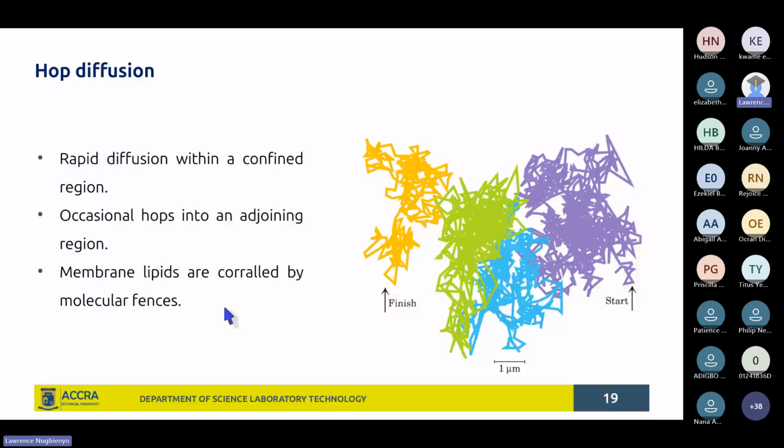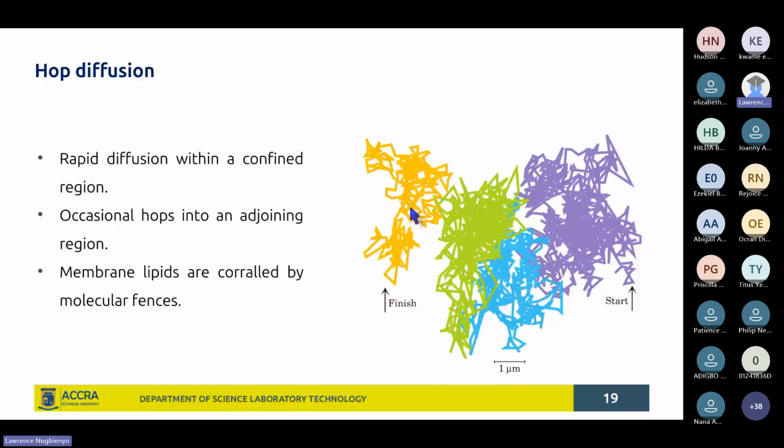So these have been studied with some microscopy to see that actually, if you track the movement of a phospholipid in a cell membrane, you realize that the phospholipid is moving around a particular area for a long time and does not just move at very large distances.